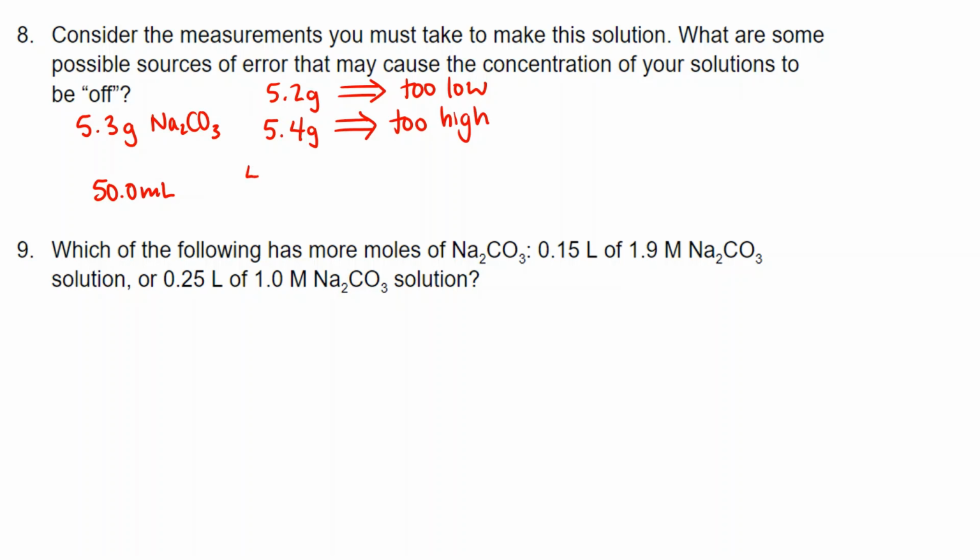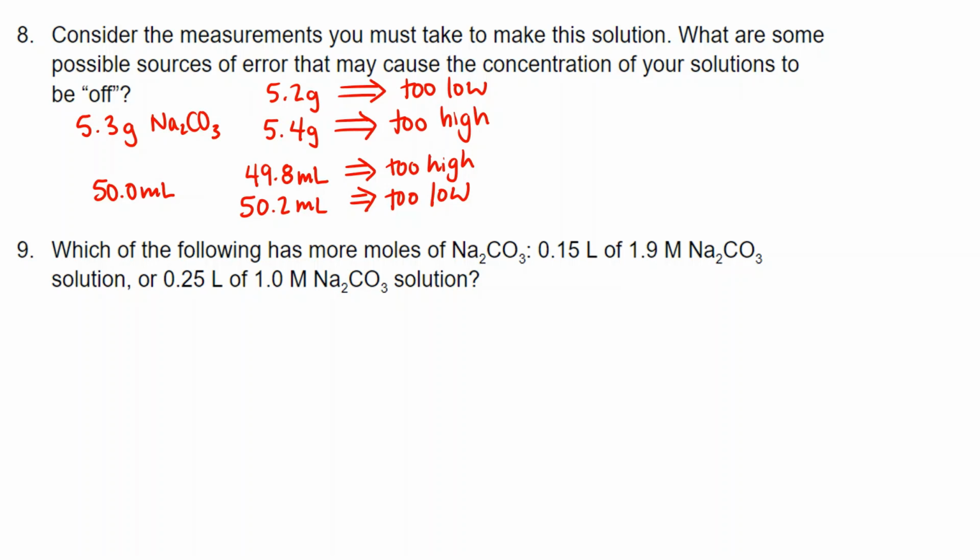What if we accidentally measure 49.8? Well, now I don't have as much water, which means that my concentration is going to be too high. What if we go a little bit past the mark? Well, now there's too much water, so my concentration will be too low.